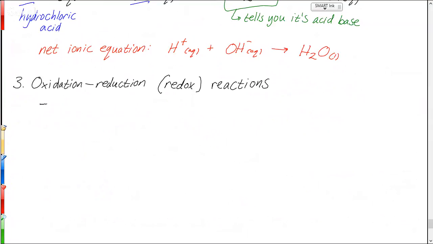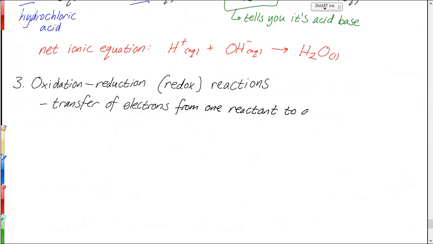So oxidation reduction reactions involve transfer of electrons from one reactant to another.